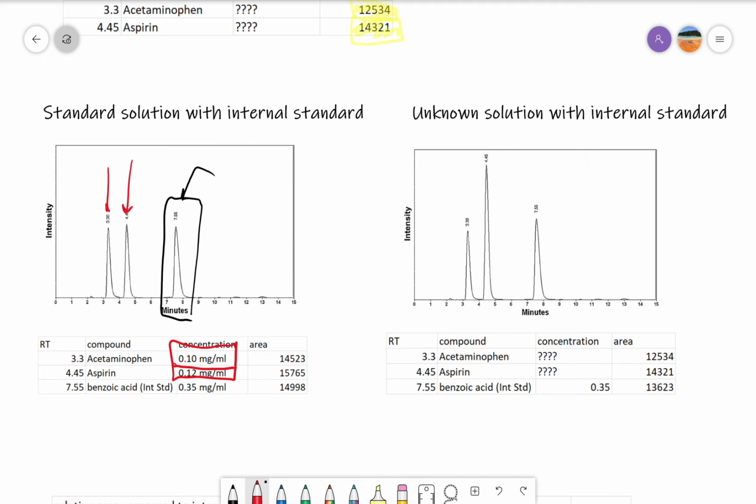This one chromatogram is going to give us our standards for both the acetaminophen and the aspirin. We can then inject our unknown, and we can see the areas of the acetaminophen and the aspirin relative to the benzoic acid in our unknown. And so we have our standard and we have our unknown.